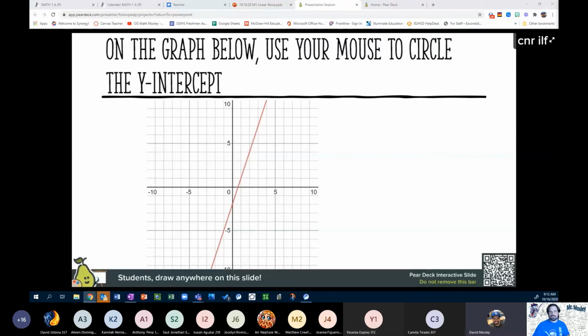The y-intercept, not the y-axis. I know it's not going to circle perfectly, but if you just put a mark as close as you can get to the y-intercept, that will work.